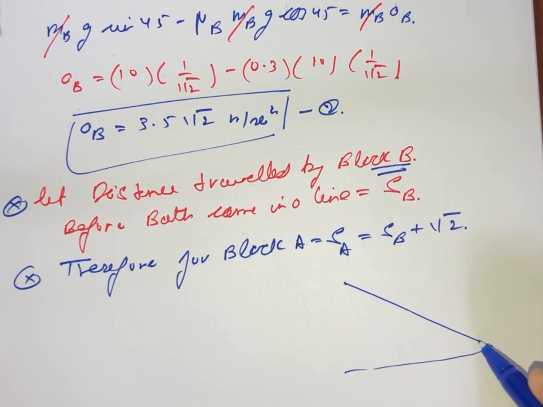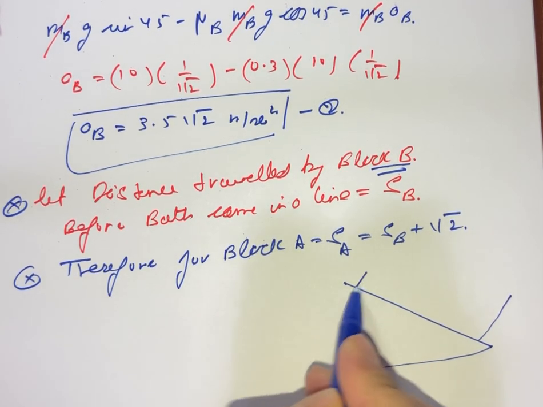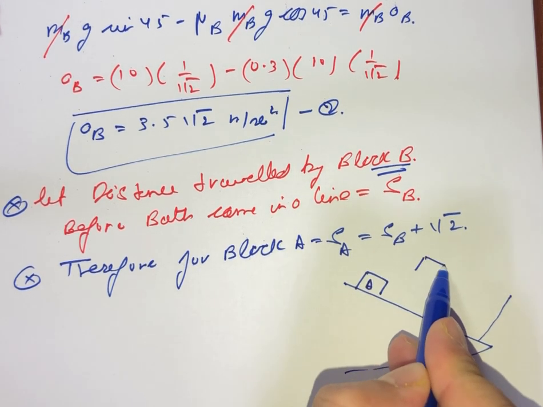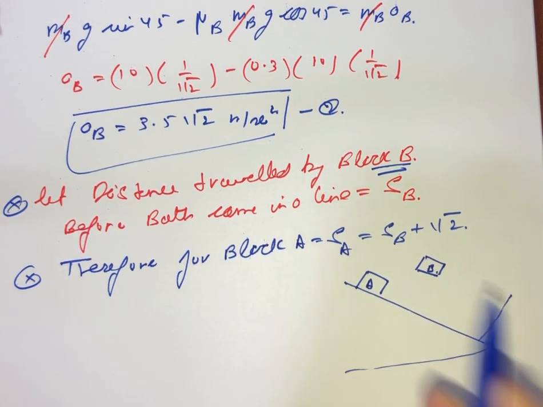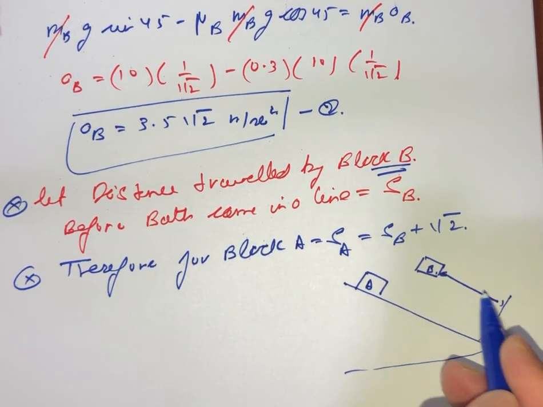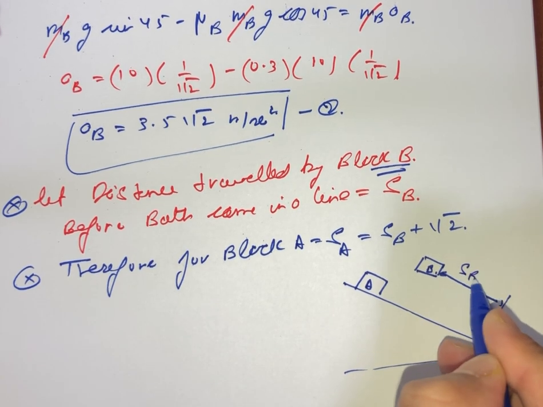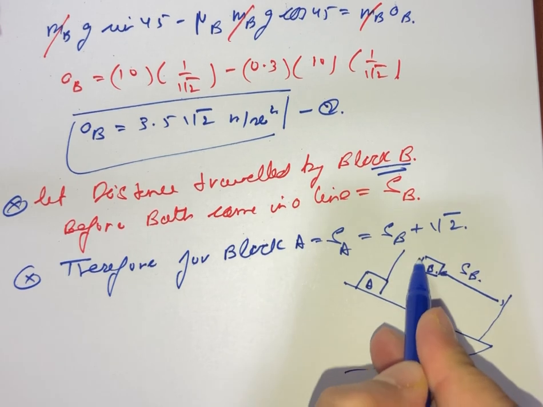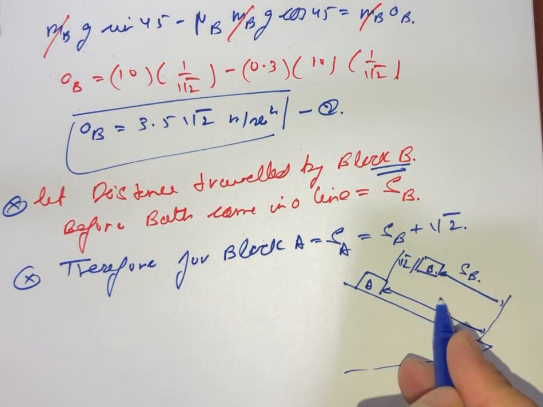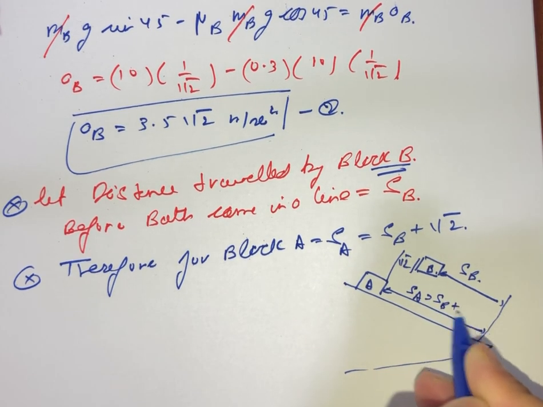If they are meeting at this point, then block A is here and we have block B. So this distance for block B is SB, and this distance is given as root 2. So block A will be traveling a distance of SA, which equals SB plus root 2.